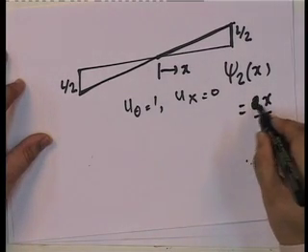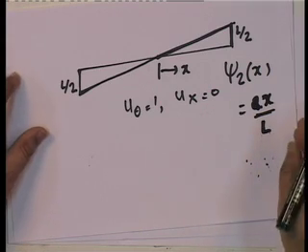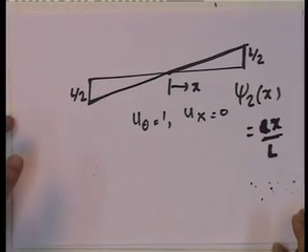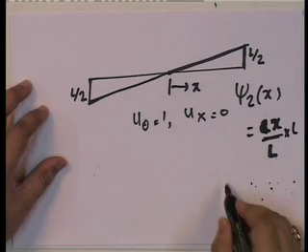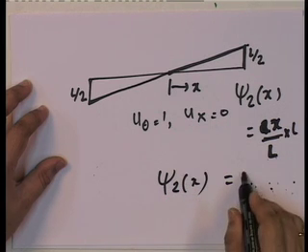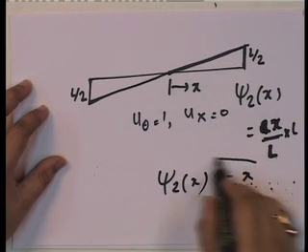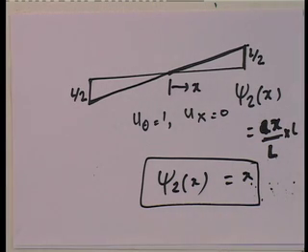So, this is xi 2 x is equal to x. Okay. So, these are my shapes.